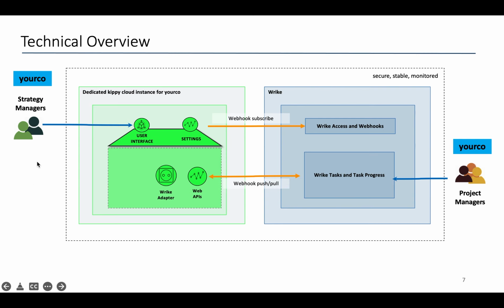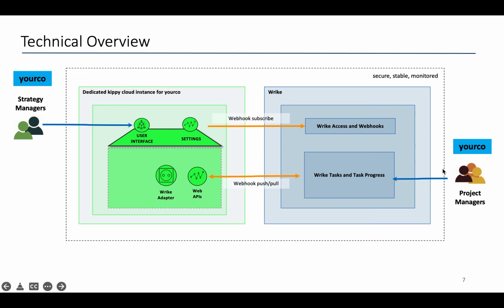So as a technical overview, what we're going to do here is connect a Kippy instance with an ERP system, in this case Wrike. Strategy managers will log into the Kippy instance to see the performance.